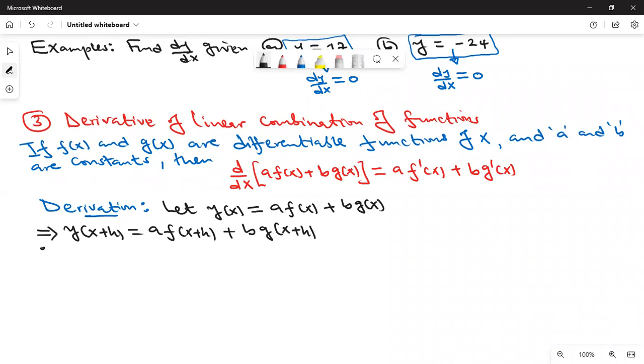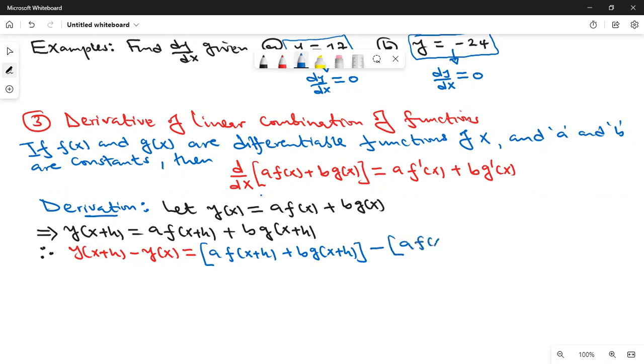Now, what about the difference of those two? So now we need to know what is y of x plus h minus y of x. That will be equal to a times f of x plus h plus b times g of x plus h. We are subtracting a times f of x plus b times g of x.